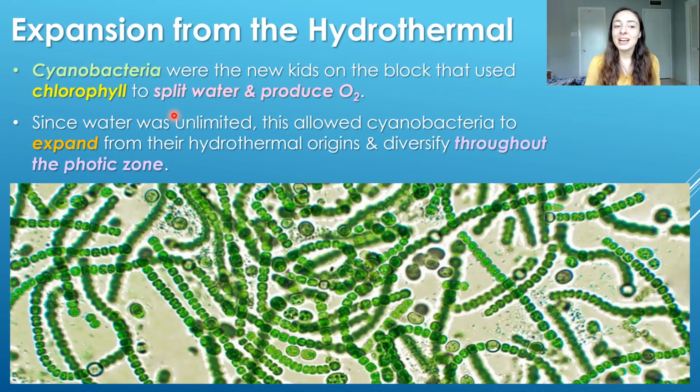This allowed cyanobacteria to expand from their hydrothermal origins or potential hydrothermal origins and diversify throughout the entire photic zone of the ocean, including continental shelves and shallow water environments near the ocean. And it was just an amazing expansion of life because it wasn't limited to this source of hydrothermal vent fluid or the chemicals that came from it.